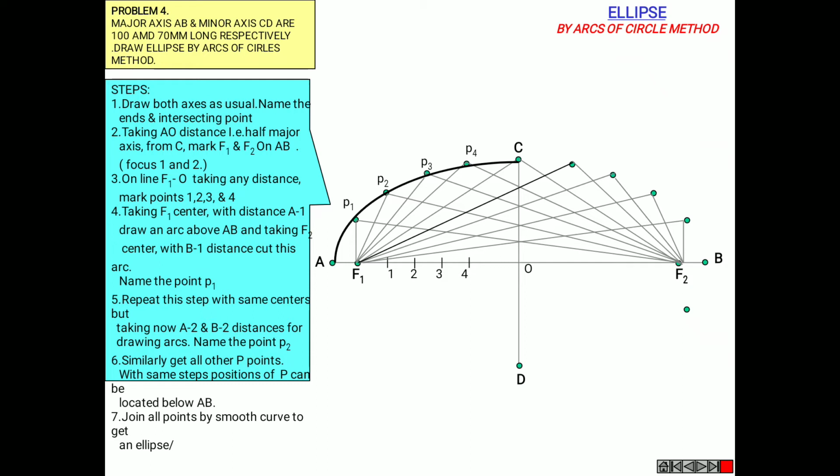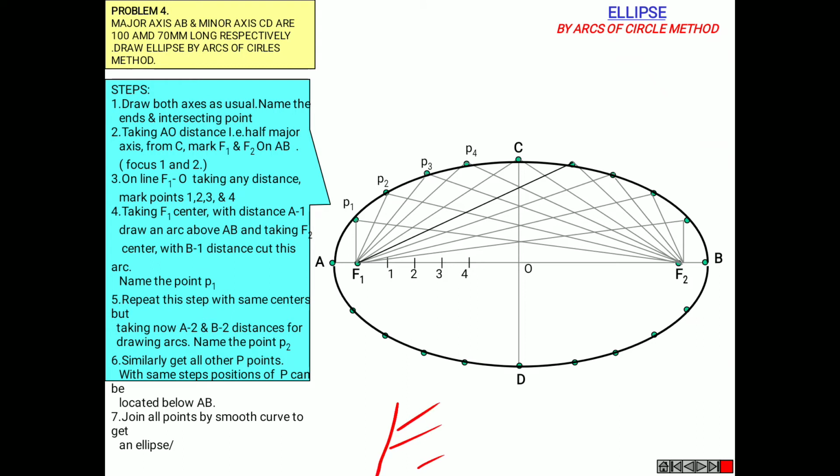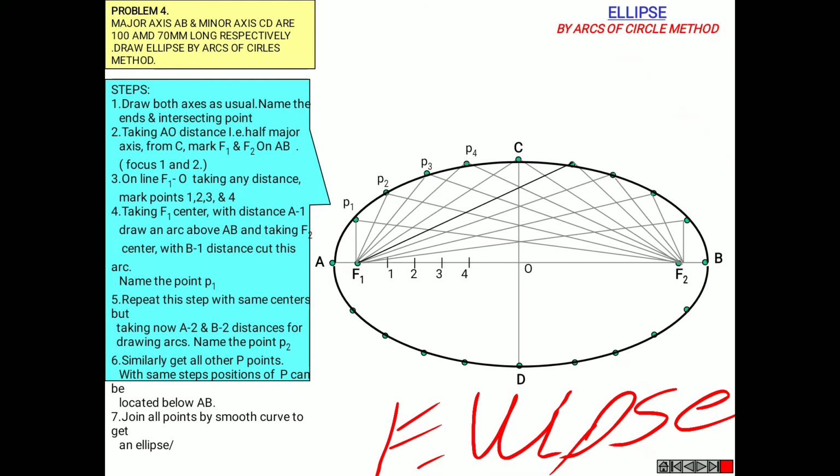Similarly to the right bottom and left bottom. Join all these points in order to obtain a smooth curve which is called our ellipse. So this is our ellipse.